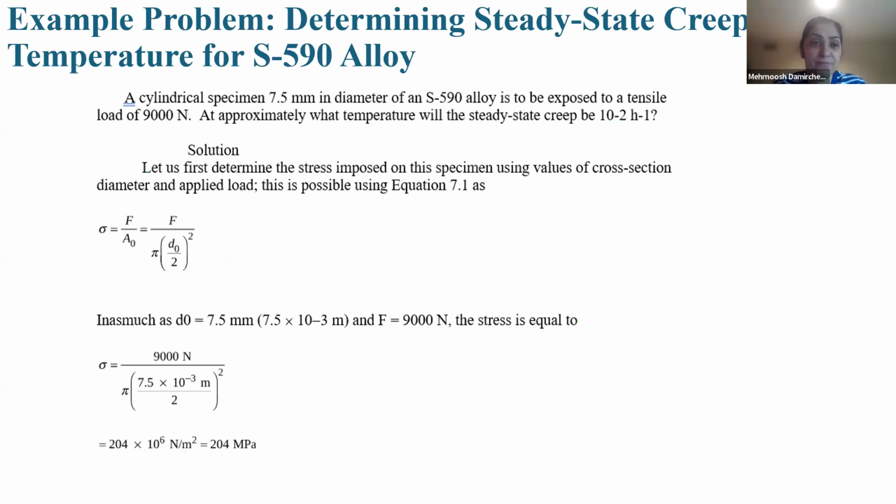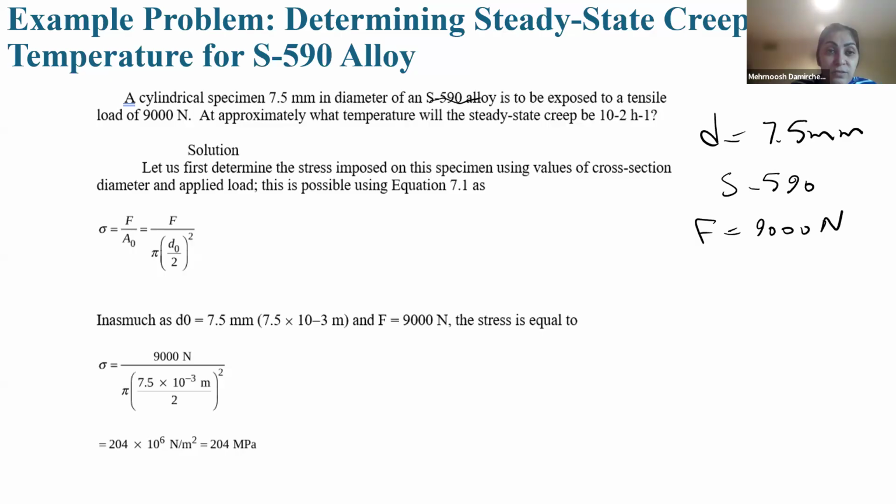The second problem. For this example, we have a cylindrical sample 7.5 millimeters in diameter, so D is 7.5 millimeters, and the material is S590 alloy. It is to be exposed to a tensile load, so force is 9,000 newtons.